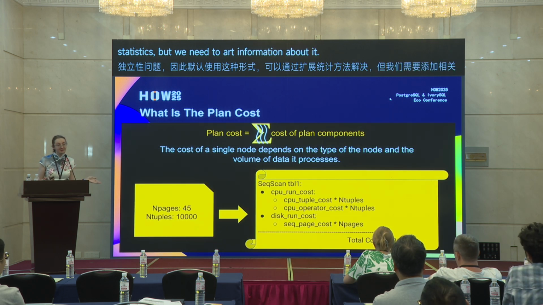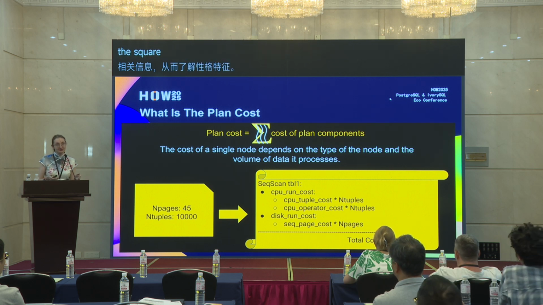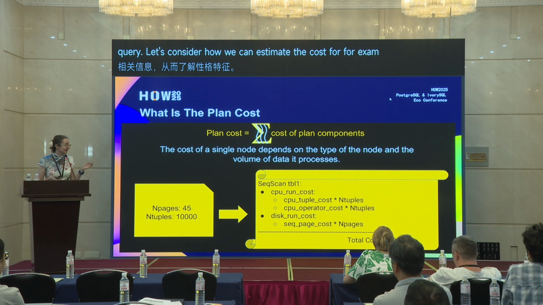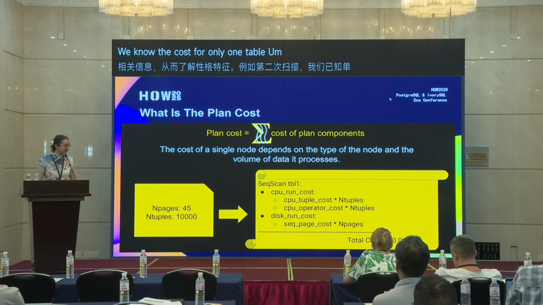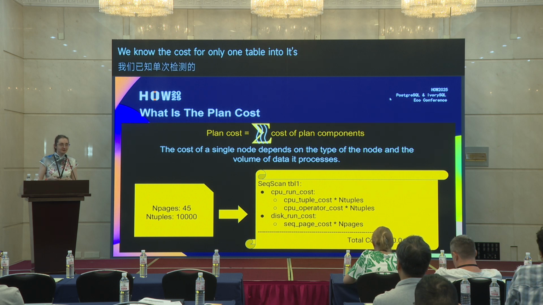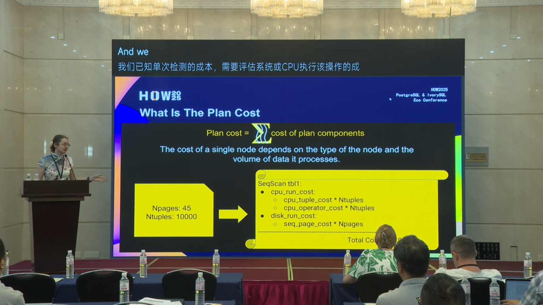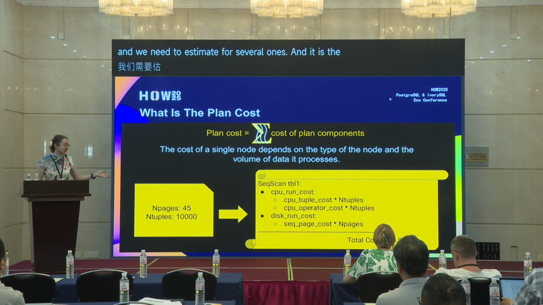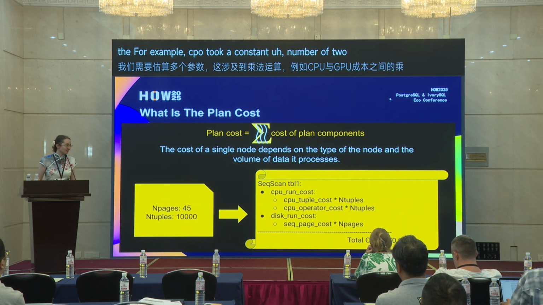So we know cardinality for this query. Let's consider how we can estimate the cost, for example, for sequence scan. We know the cost for only one tuple, and it's like how expensive it will be for our system, for our CPU, to execute sequence scan algorithm only for one tuple, and we need to estimate for several ones, and it is the multiplication between, for example, CPU tuple cost and number of tuples, cardinalities that we calculated before.